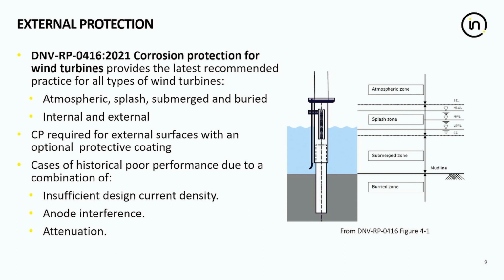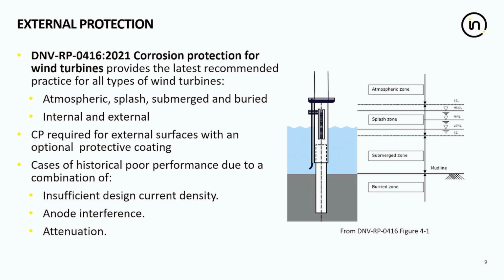We've got the atmospheric condition at the top, but for cathodic protection, we're looking at the splash zone, the submerged zone, and the section buried in the seabed, which may need some protection. Both internal and external areas need to be considered. The new standard mandates that CP is required for the external surfaces, and an optional protective coating is suggested.